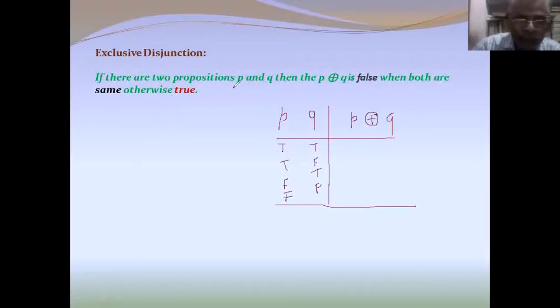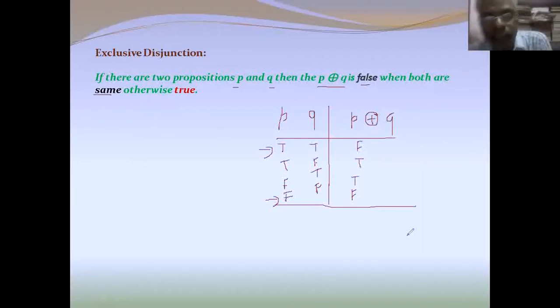The result of P XOR Q is false if both are the same. Both are the same in two rows, T, T and F, F. So in this case it is false, and otherwise true. If they are different, then it will be true. So this is the truth table of exclusive OR.